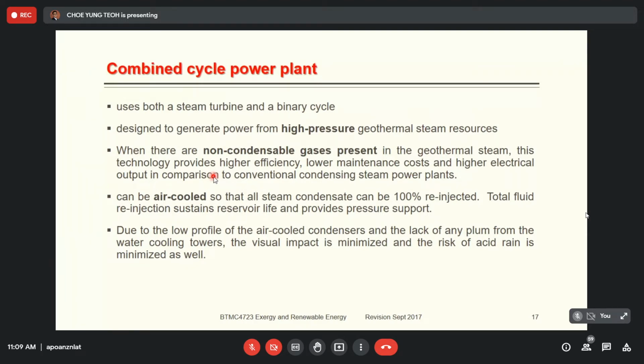Okay, non-condensable gas cannot be condensed. What kind of gas cannot be condensed? These are the gases which are not easily condensed by cooling. For example, maybe nitrogen, maybe some carbon dioxide, hydrocarbons.